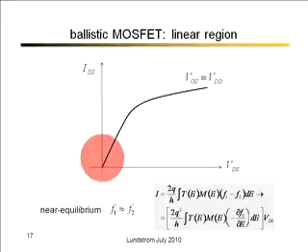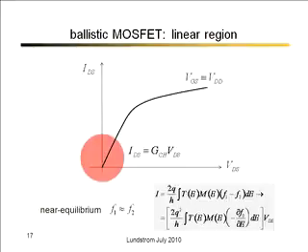Both F1 and F2 are close to equilibrium Fermi functions, that's what F0 is. So we expand the difference between F1 and F2 as a Taylor series, which brings in this derivative minus dF0/dE, times qV_DS. qV_DS is the difference between the Fermi level in the source and the Fermi level in the drain. So that's the Taylor series expansion that Professor Dada discussed.